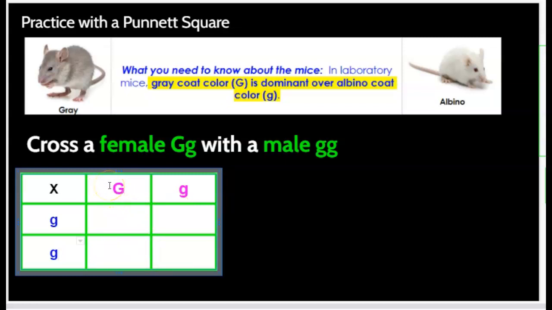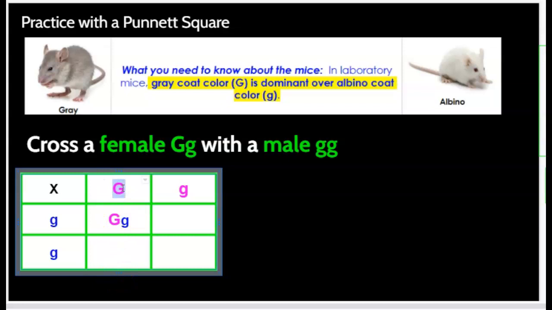And since this is representing sexual reproduction, mom gives an allele and dad gives an allele. Okay. And the same here, you go straight down.